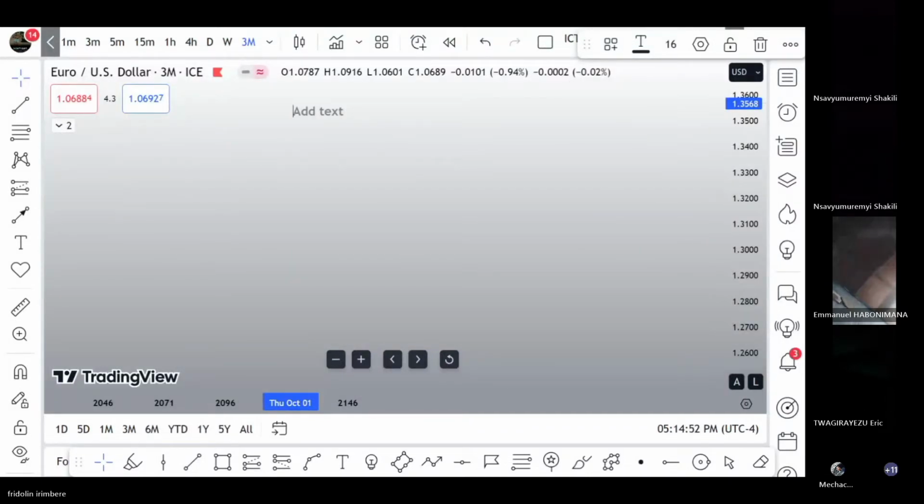Mutegere hano, point ya mbere ni inefficiency.